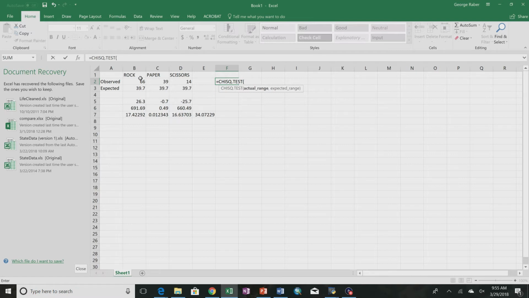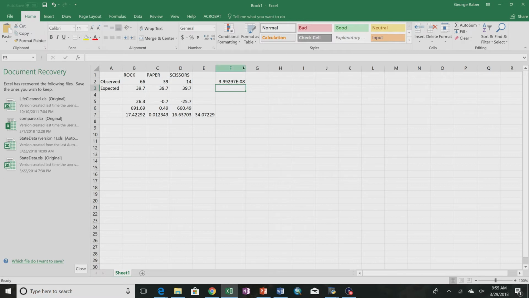You have to give it the actual range, which is the observed, and the expected range. You choose the observed values, press comma, then choose the expected range, and press enter. Here it gives you the actual p-value, and it's a very, very tiny p-value.